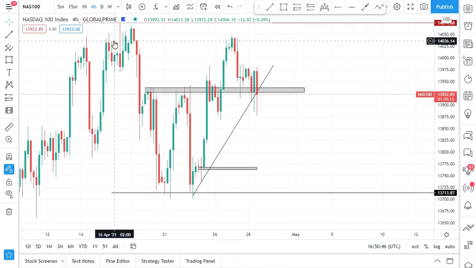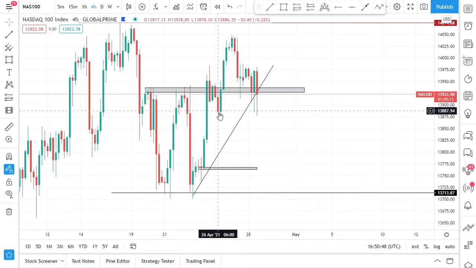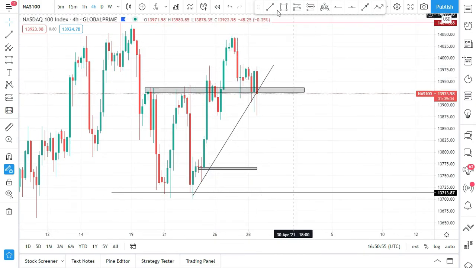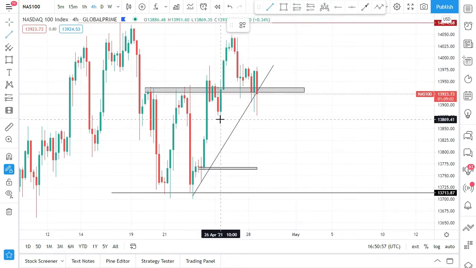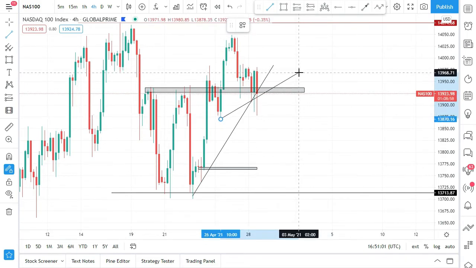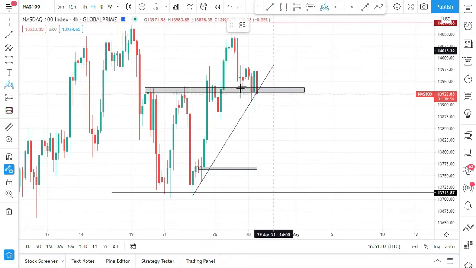so before I move on, we also have a head and shoulders pattern. We have our left shoulder, head, right shoulder, and you can just wait for the breakout just like that. Now I'm going to use this tool.